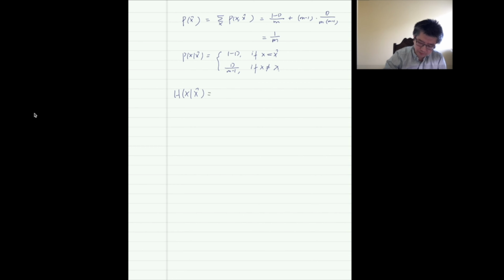So this equals the sum over x hat of p(x hat) times H(x given x hat equals x hat), and this equals nothing but M times 1 over M. Given x hat, we can see that the probability distribution is a vector: 1 minus D, D over M minus 1, D over M minus 1, and so on.